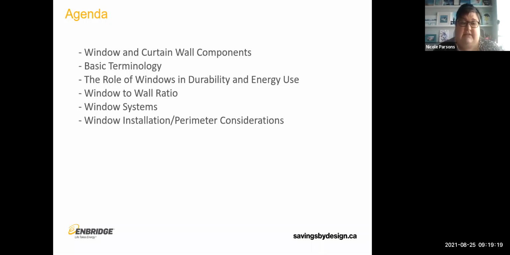And that is going to then lead us to talking about the amount of windows in a building, the window to wall ratio, and window systems, so a little bit more in-depth look at the various components of the window and how each of those plays a role in the window's overall performance. And then we're going to briefly take a look at window installation and perimeter considerations, because it's fantastic to have a wonderful window, but if it doesn't get put in the building properly, then what's the point?